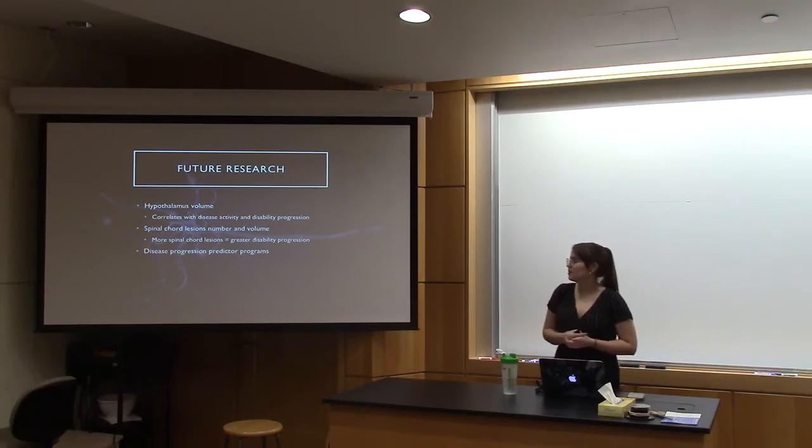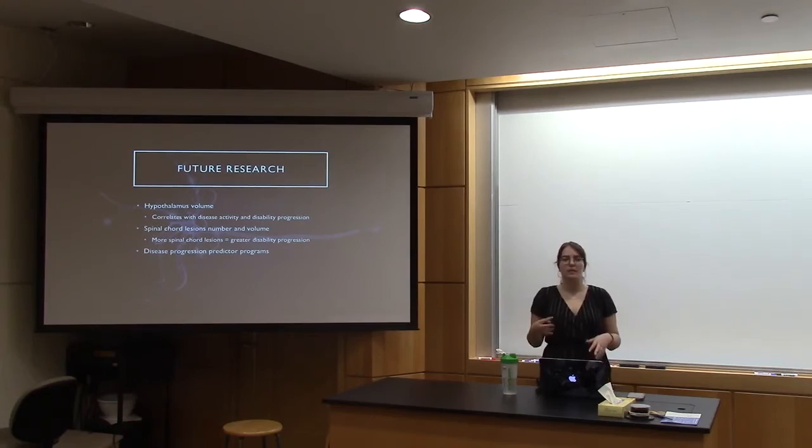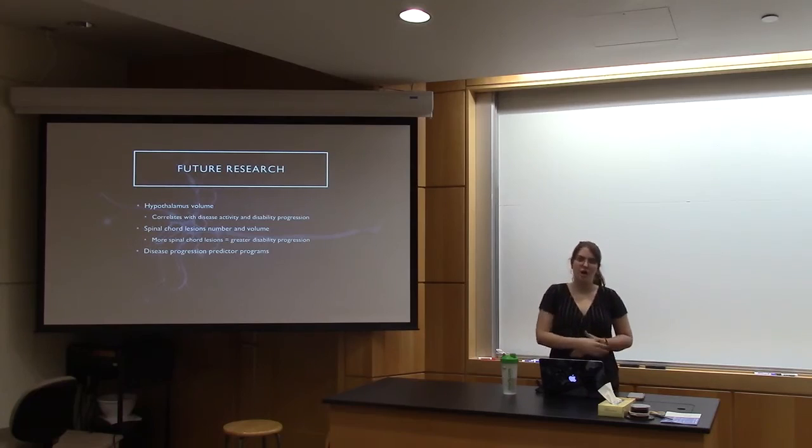And then there were a lot of papers trying to make software or computerized programs where the doctor could take all the data from the patient, put it in a program, and the program would tell them how the disease is going to look in 5 years.